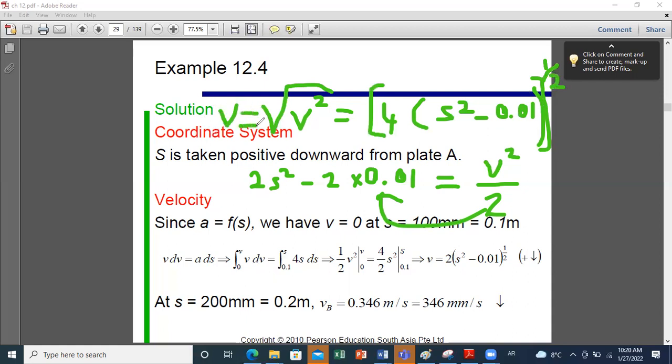This will give you the general function v of s. Now, since you are interested in particular in the velocity when you reach point B, you have to replace s by s at point B, which is 0.2 meters. So by replacing s by 0.2, you can get the velocity of the particle when it reaches the bottom plate. Okay, thank you, Professor.